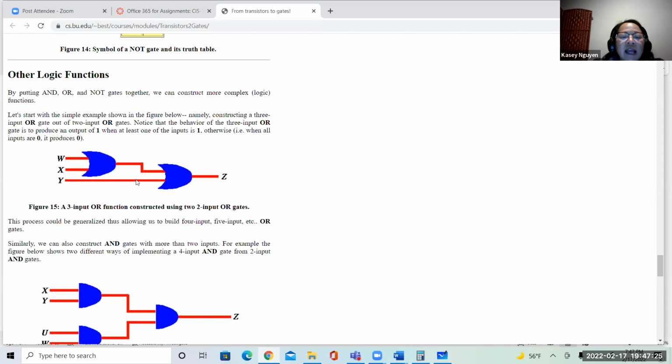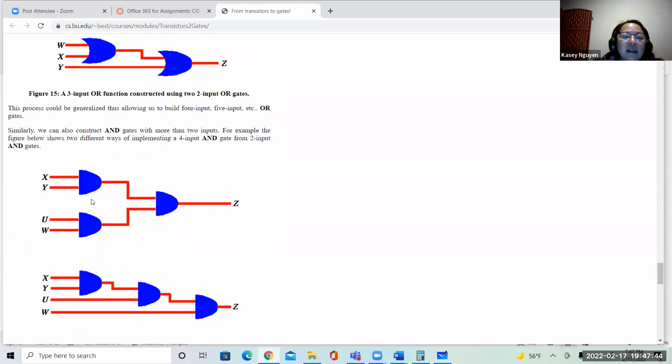So at the binary level, you would take two inputs in binary, get the result for the OR, take the result, apply it with another input, OR it, and then get the final result. In this one, it has two ANDs, so you would have two inputs for one, have the result, two inputs for another, AND it, have a result, and then AND those again to get the output. So we AND, and then AND at the end.